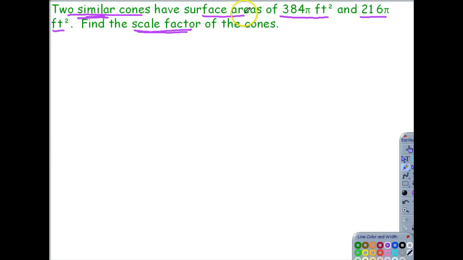Right. And this time, they're giving you the surface areas. So right away, I want you to remember, okay, my scale factor, and I'm just going to abbreviate here, squared gets you your surface area, or the area ratio. I'll just put area ratio, not just surface area ratio. I'm really stressing that because we kept forgetting that back in Chapter 11.